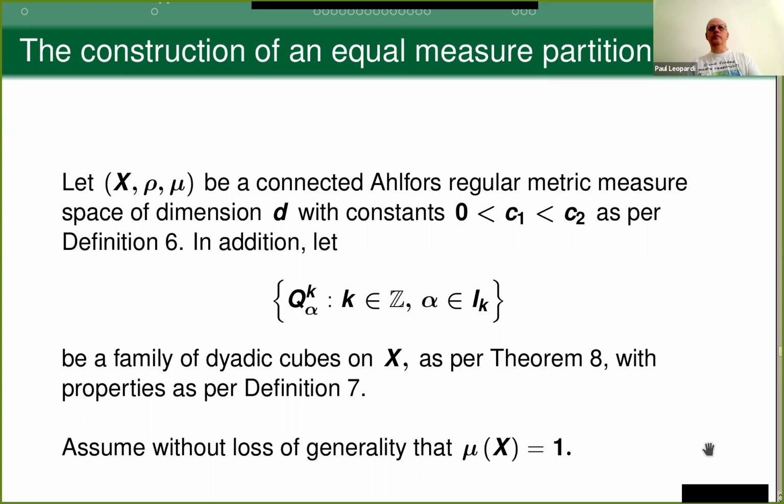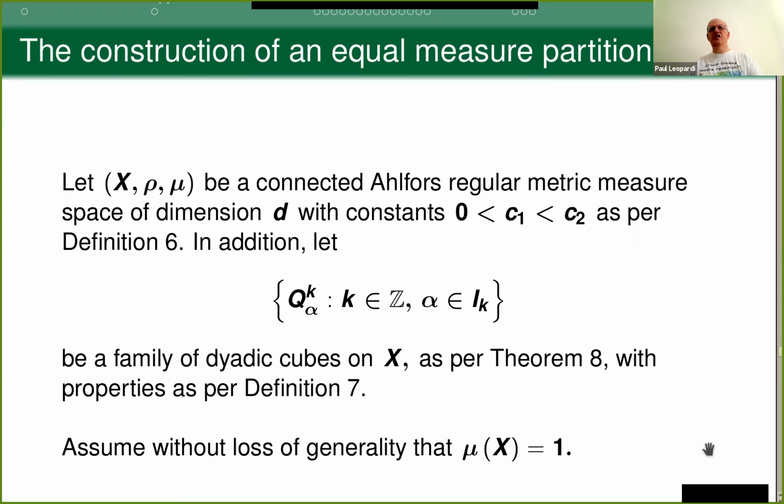So we start with the connected Alford regular metric measure space of dimension D with the constants C1 and C2. We then build our system of dyadic cubes. For the sake of argument, because we start with a space which has finite measure, we can just assume that that measure is equal to 1.